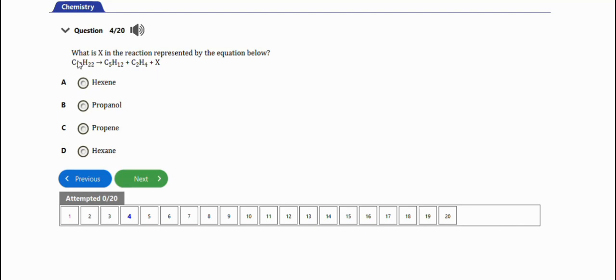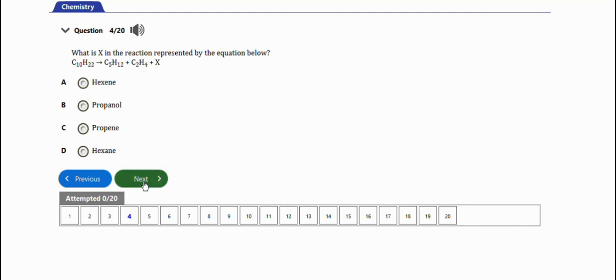When this hydrocarbon decomposes, you're going to get propane as the value of X. All right, so that's it for this question.